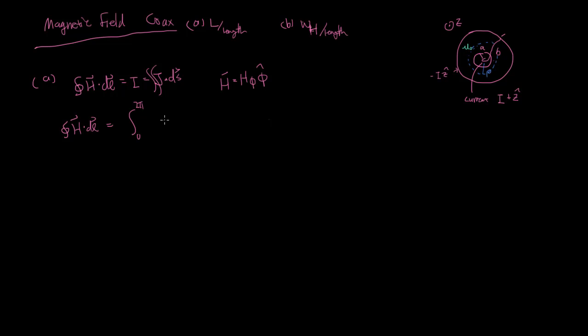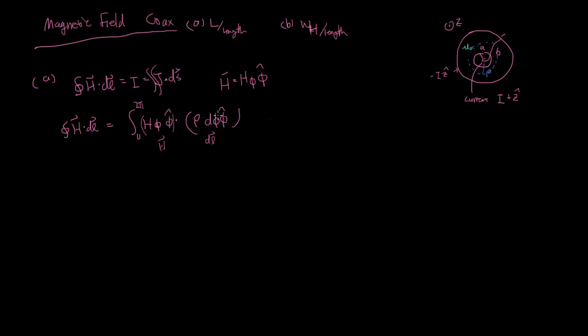So you're going to integrate. You're going to have H phi in the phi direction dotted with, and you're going to integrate along this line, right? This is the d phi direction. So I just write d phi phi hat, right? Note what's missing. This is not a unit length. So whenever you write d phi, you always have to multiply by rho. So this is our dL, this is our H dot dL.